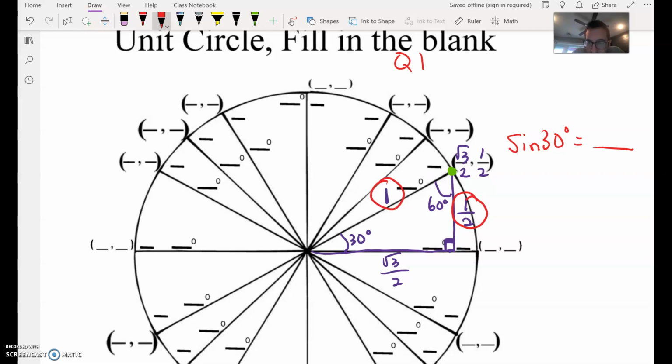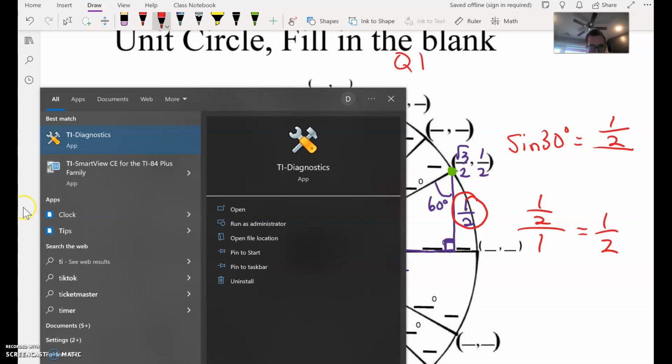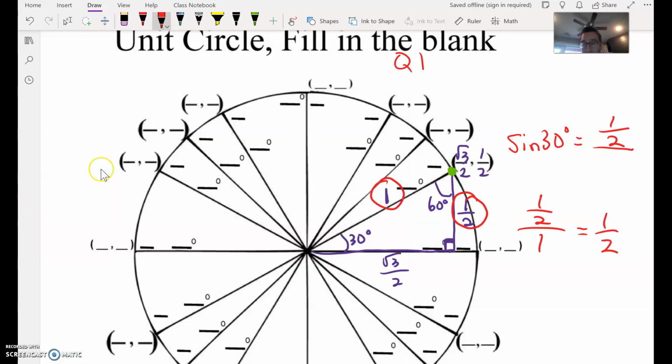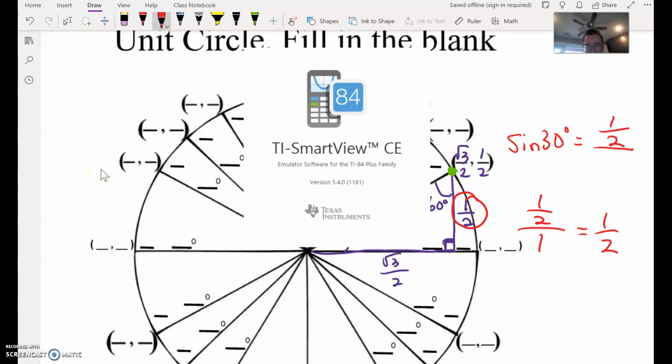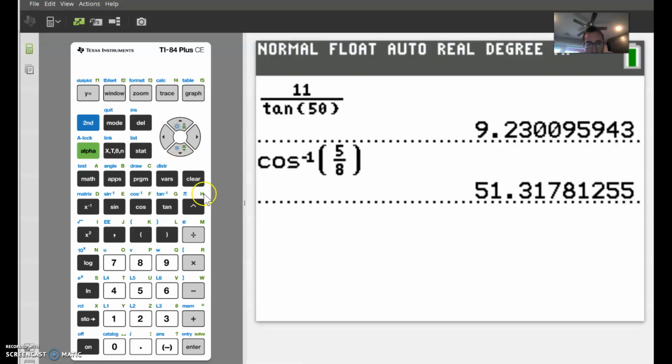So the opposite side would be 1/2, and the hypotenuse is 1. So what is 1/2 over 1? Well, that's just equal to 1/2. So the sine of 30 degrees is 1/2. Okay? I'm going to pull up my calculator right here so you can even see when I type that in, sine of 30 degrees, we're going to get 0.5. So it's a relationship that we're going to use around the unit circle.